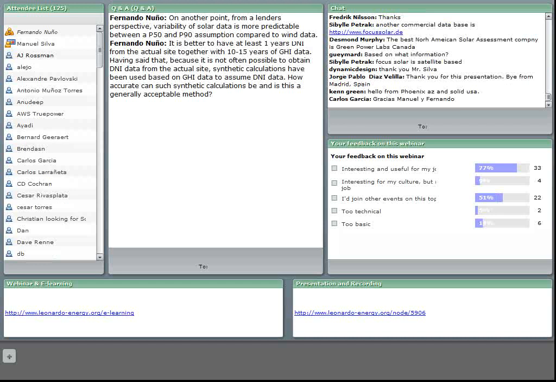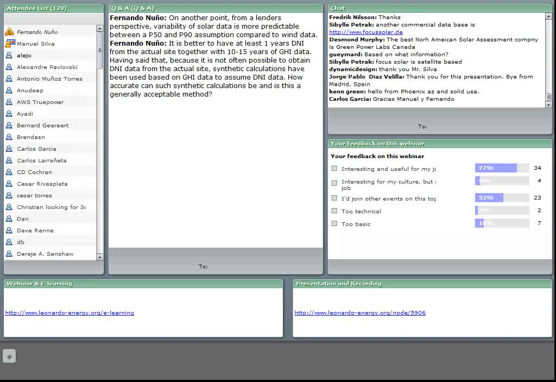Okay, very well. And then the second question. So it's better to have at least 1 year DNI from the actual site together with 10 to 15 years of global irradiation data. Having said that, because it's not often possible to obtain direct normal irradiation data from the actual site, synthetic calculations have been used based on global irradiation data to assume direct irradiation data.